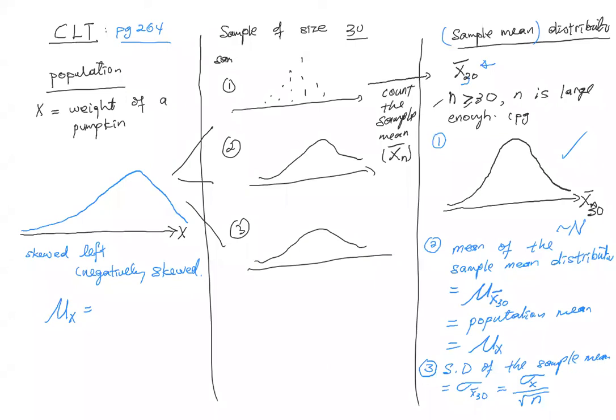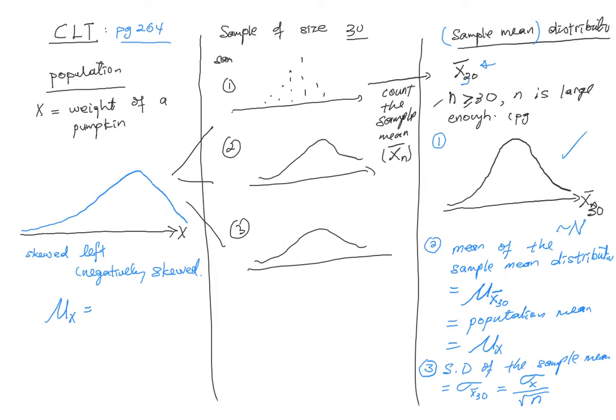Rule of thumb, if you talk about the sample mean, you make sure that the number of data you get for each sample must be more than 30. That is called the sample size.